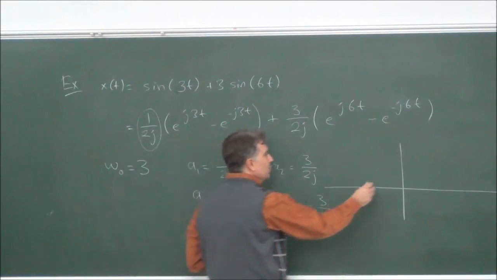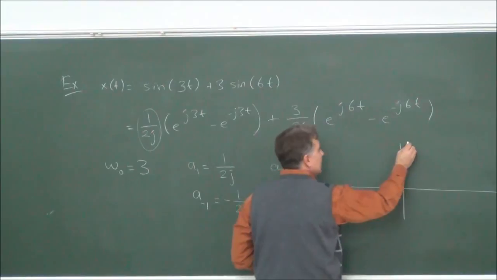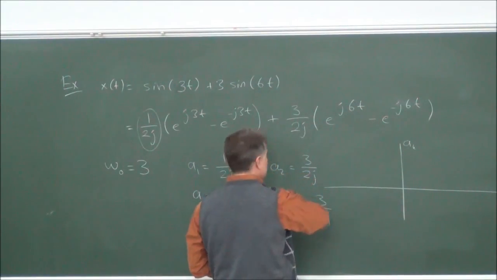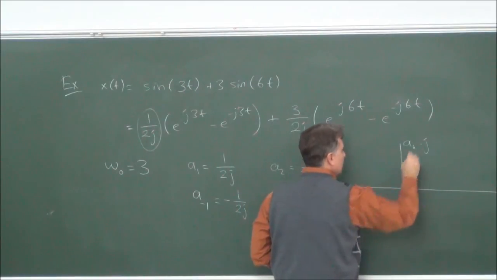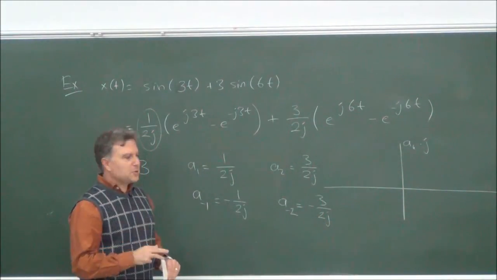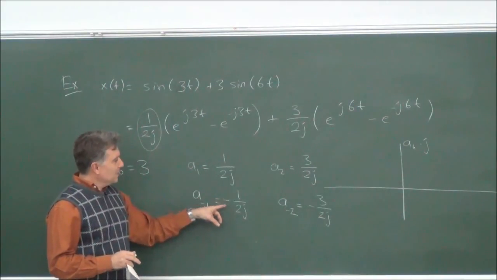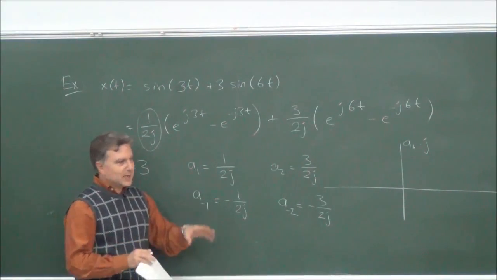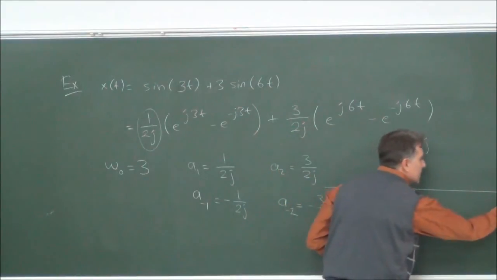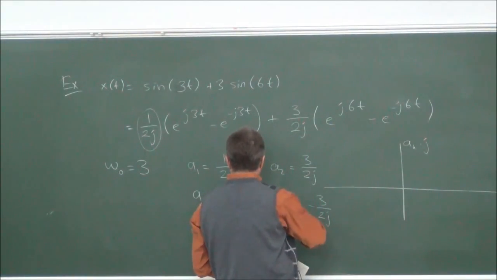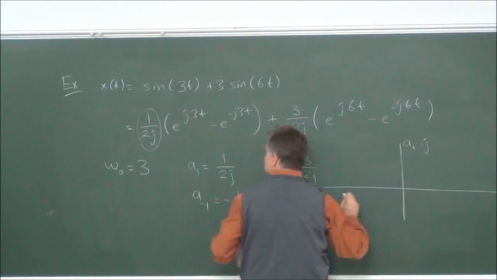So let's draw, for example, not AK, but AK times j. Then it becomes real, right? All of these will become real. This will be 1 over 2, this will be minus 1 over 2. The j's will be cancelled. This is the frequency axis. What is the fundamental frequency?